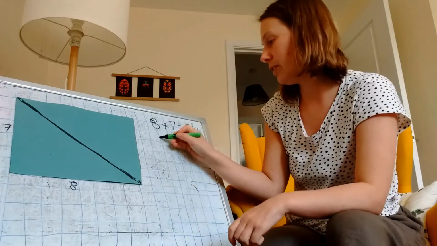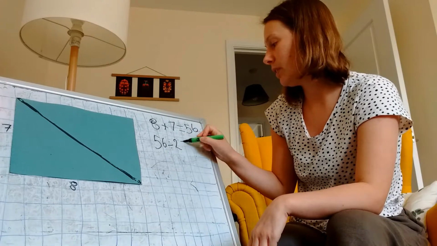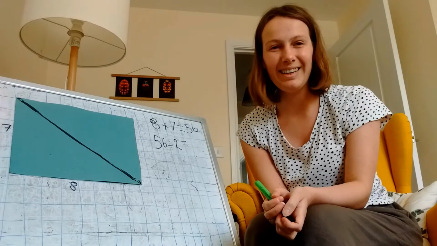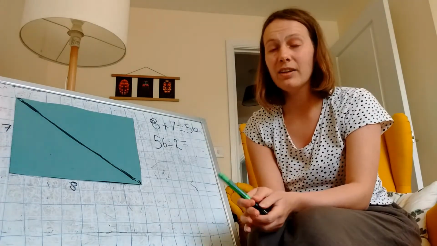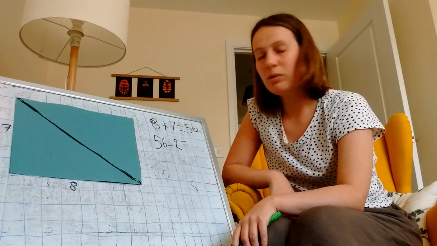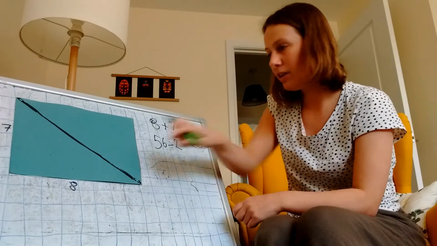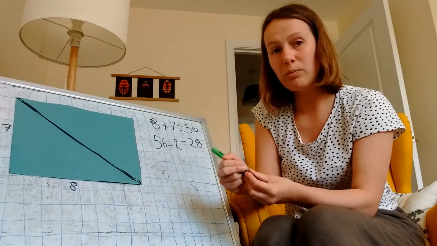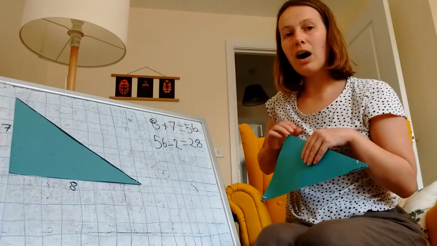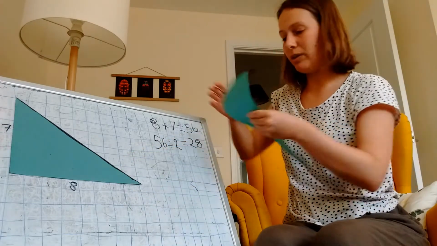So it's going to be 56 divided by 2 equals, now what does that equal? Equals 28. So the area of half of this rectangle will be 28. So that's the area of our triangle, because we can see that half of the area is the triangle, so that needs to be 28.